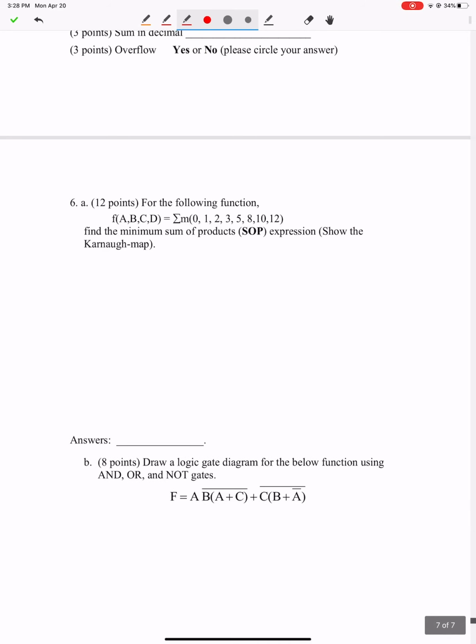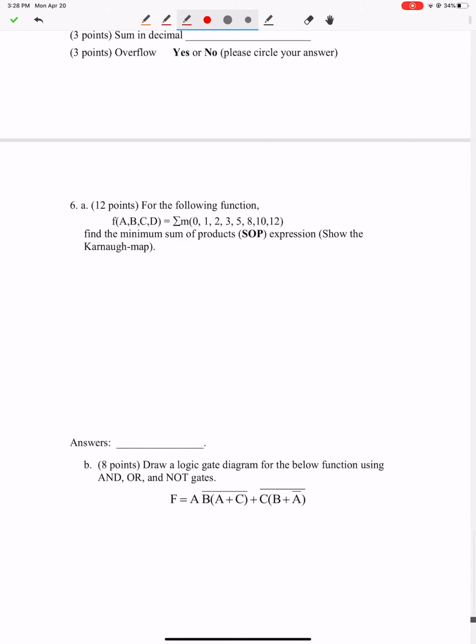All right. The final question: for the following function, find the minimum sum of product expression. Show the Karnaugh map, right? So to do that, you need the 4-input Karnaugh map. 0 0, 0 1, 1 1, and 1 0, right?